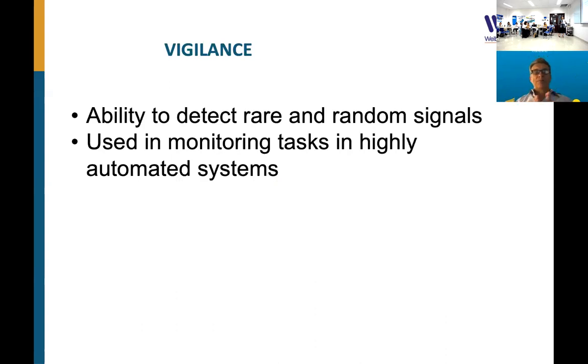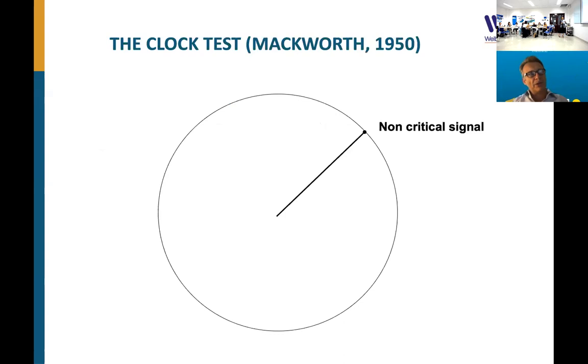Okay, so this ability is very fragile, and it has been shown in a very old experiment. It was in the 50s. It's the clock test. The clock test was designed by Mackworth. He was a psychologist in the UK, and he was trying to understand why some air traffic controllers during the Second World War sometimes did not detect on their display some German aircraft.